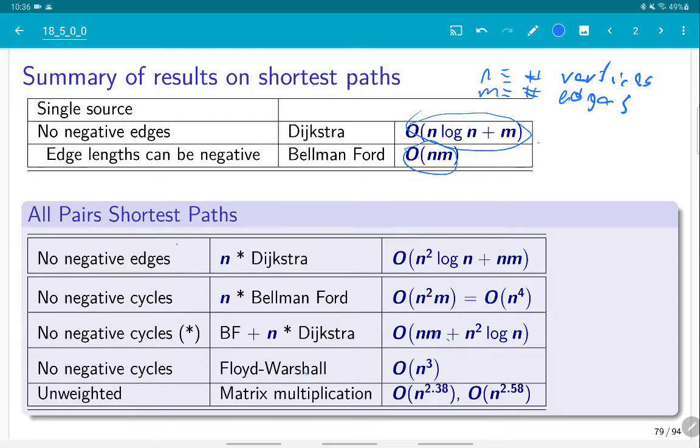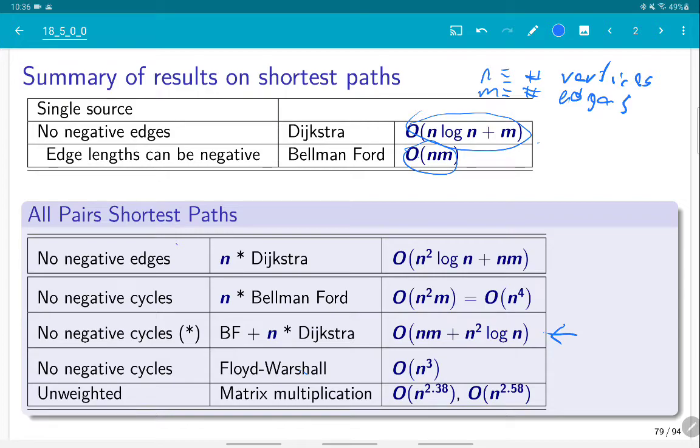This is just for your general knowledge. The basic idea is that Bellman-Ford can be used to precondition the graph. This is too complicated to go into, although it's interesting to see that one can improve over what we currently have.